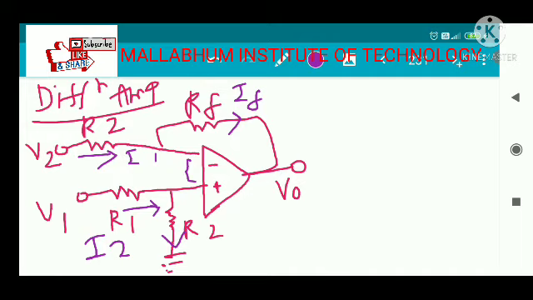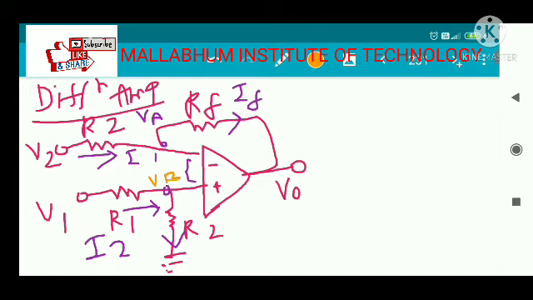Now for the nodal equation. Suppose this point is VA and this is your VB.